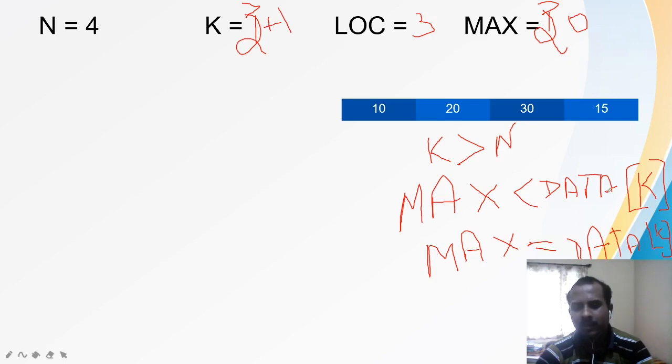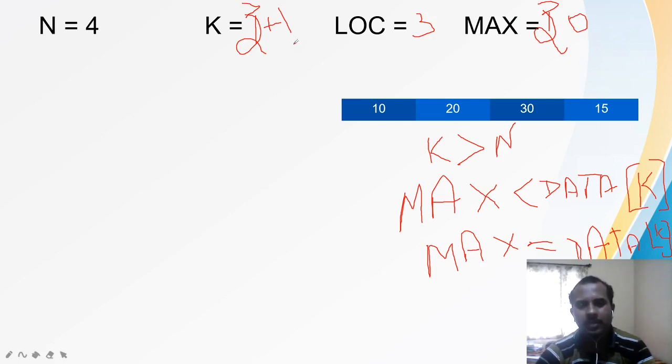Data of 4 is 15. Max is 30. Is 30 lesser than 15? No. So I am not going to make any changes. I am going to keep location 3 and max equal to 30 only.